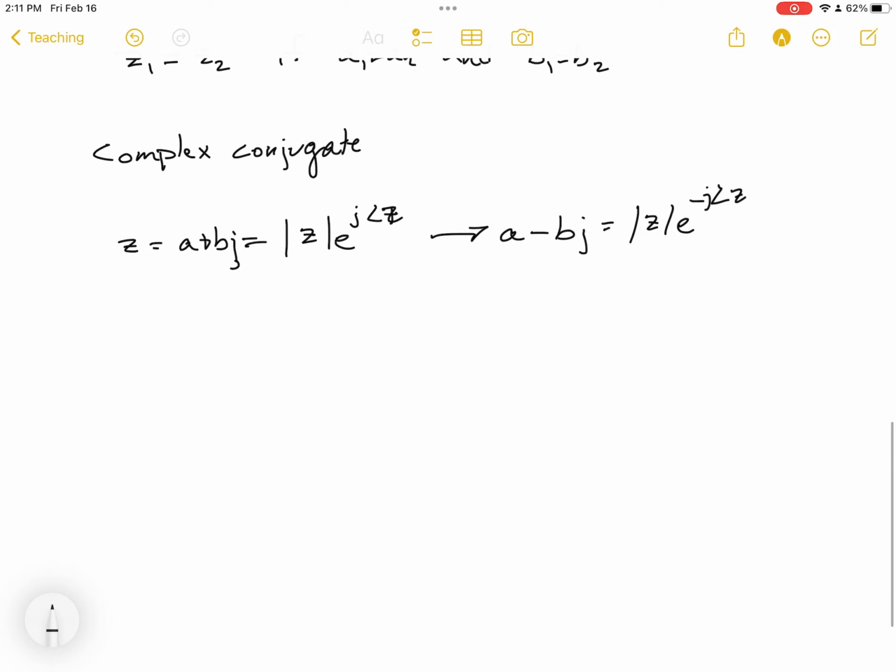If you draw this on the real-imaginary plane, the complex conjugate of z is right there, and we usually denote that by a z star. So it's just mirrored across the real axis.